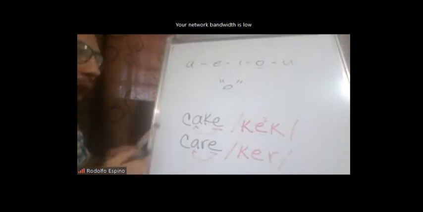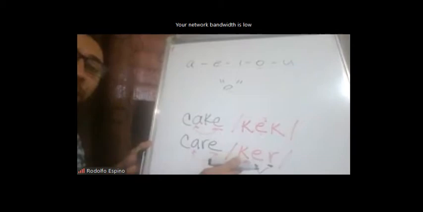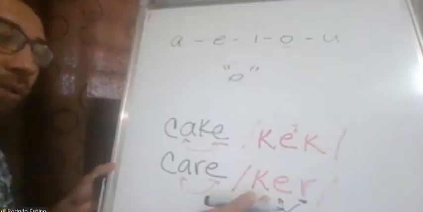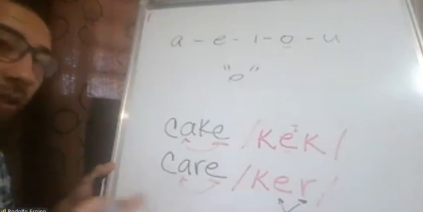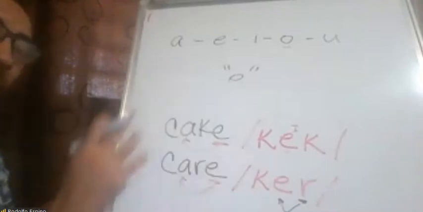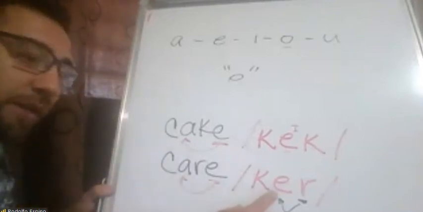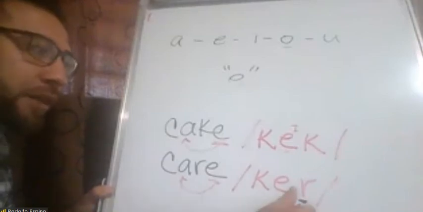then we are violating a rule that I already told you, which is before R, you cannot have a tense vowel, and A is a tense vowel, right? So since that rule is mandatory, you cannot have that, then you should find another sound that is similar enough to this one that should not be here or cannot be here, and then you replace it.